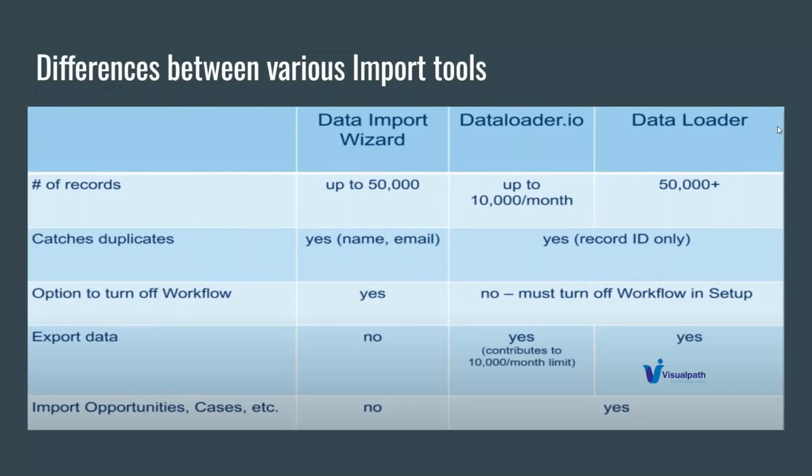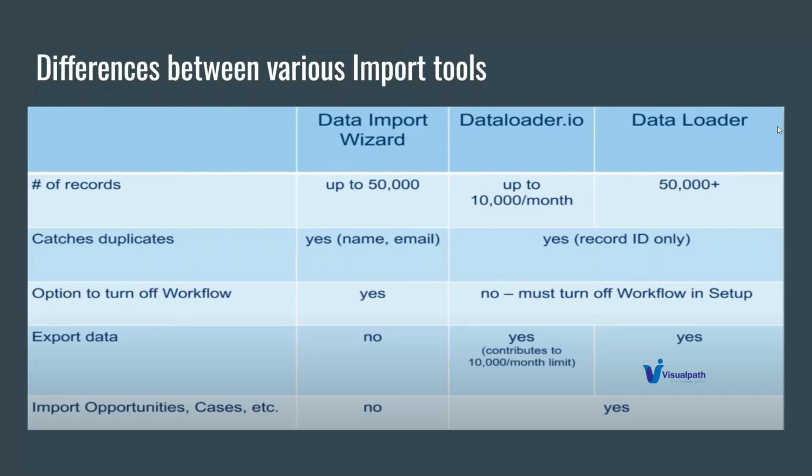Third one is the option to turn off workflow. Workflow is an automation tool. Let's say you are doing a certain operation on a record and you want to do a follow-up action. Once a record is inserted, I want to send the details or a success message to the user, so I will create an email alert. Once the record is updated, deleted or inserted, it will send that email to whoever is the owner of that record.